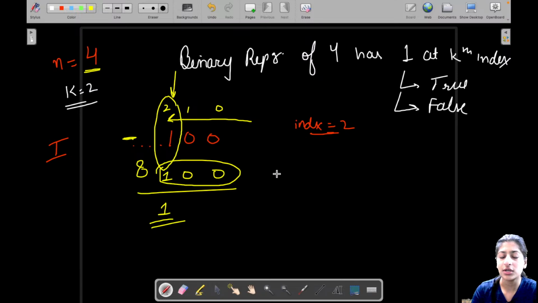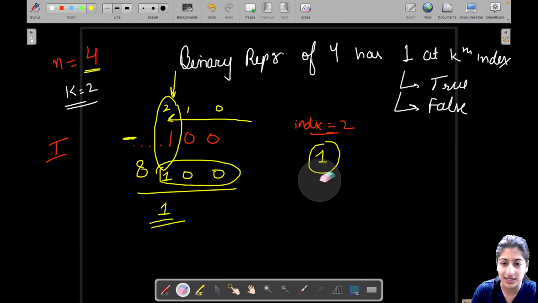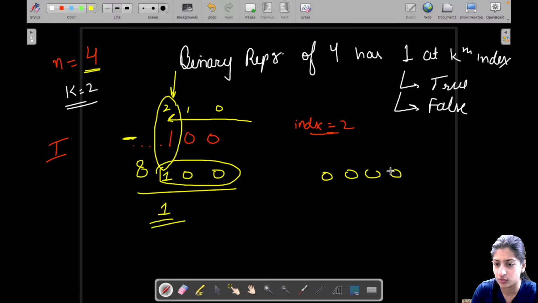So why not think of something like this: we have an integer 1 whose binary representation is also 1. If I want to represent it in binary, I can write 1 as 0, 0, 0, 0, 1. Now if I do left shift on 1, what do I mean by left shift?